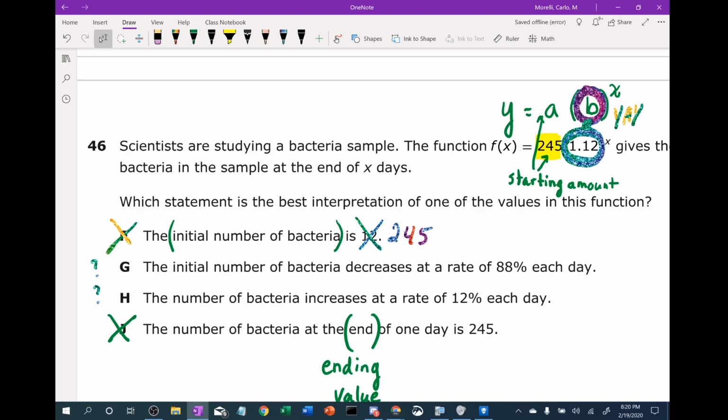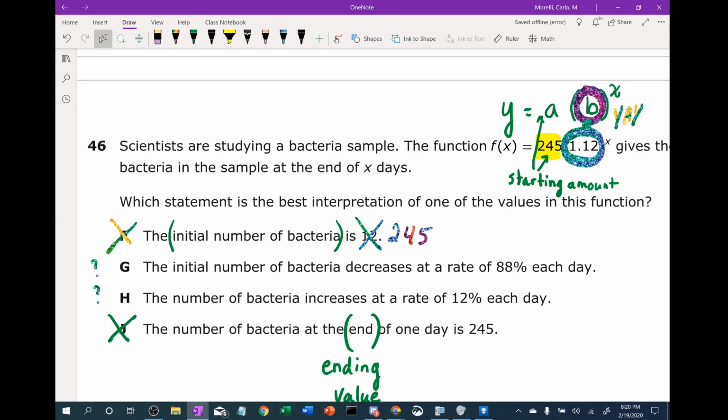So here's the thing I'm trying to get you to tell me. If the B value is 1.12, if I multiply that by 245, I'm going to have a number that's bigger than 245, right?